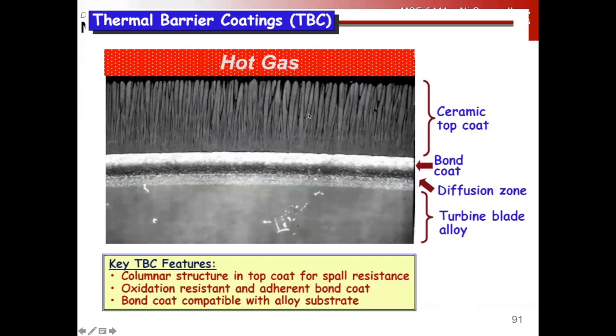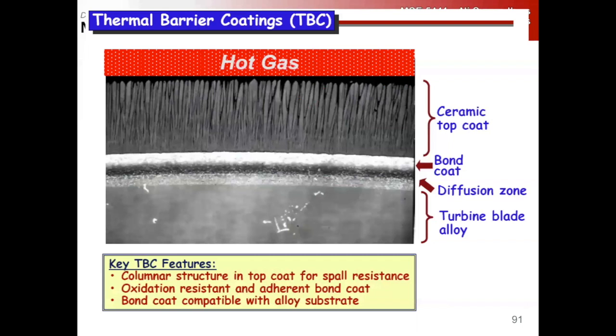All right, what's the yttria there for? Any idea? What does it stabilize? It stabilizes the zirconia, but what does it stabilize in the zirconia? It's a martensitic transformation, right?